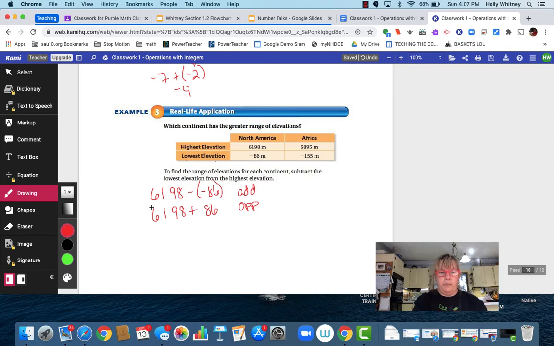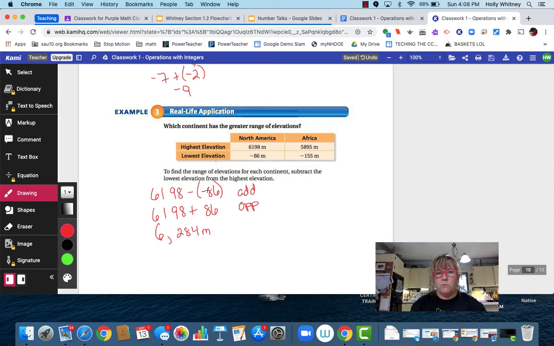I'm going to whip out a calculator just because I don't want to mess up the side over there with my calculations. 6,198 plus 86 equals 6,284. At this point you should really be thinking, does that make any sense? I'm using a subtraction problem and I end up with a number that's larger than both of those numbers.